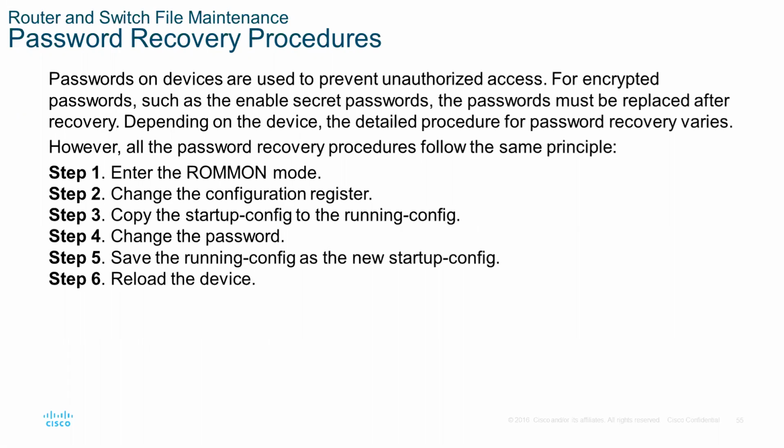We can then manually go in and change the passwords. Well, we're not really changing the passwords per se, we're overriding the passwords. We still don't know what the password was. We're just inserting a new one. We then save this new running config file with our new passwords into the old startup config, overriding the passwords.